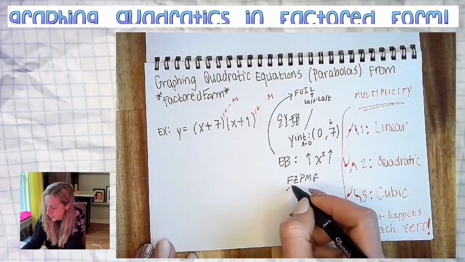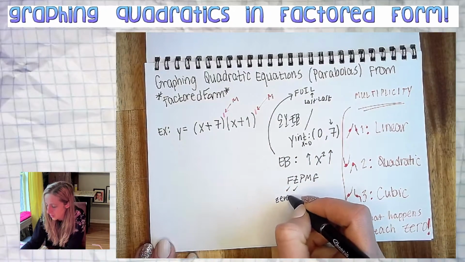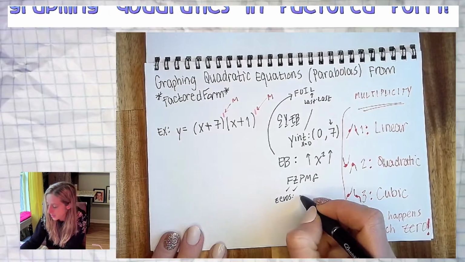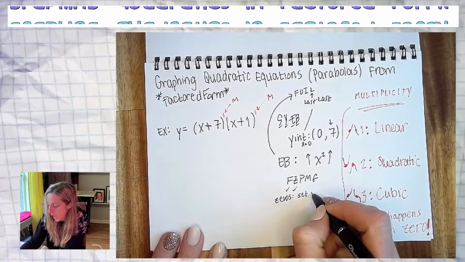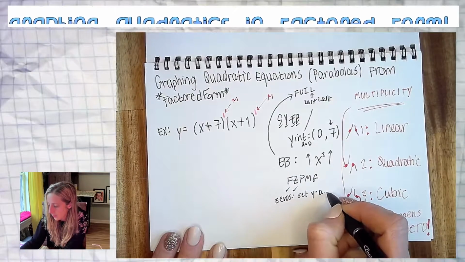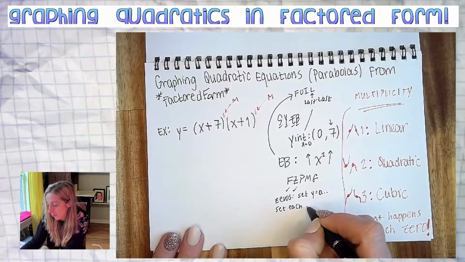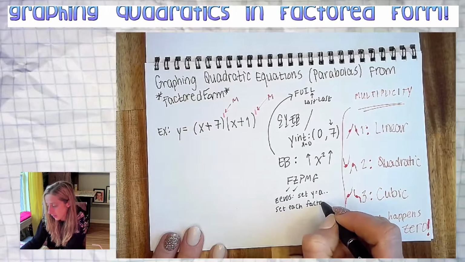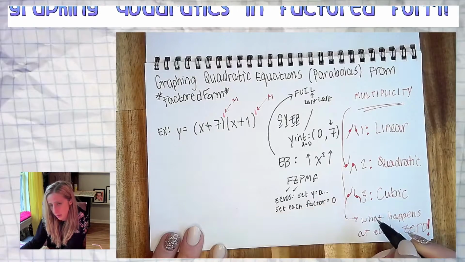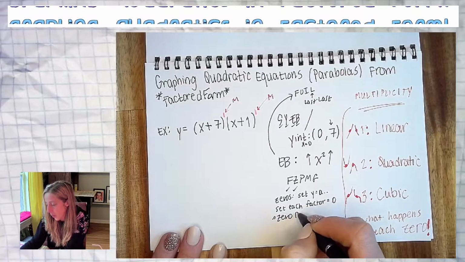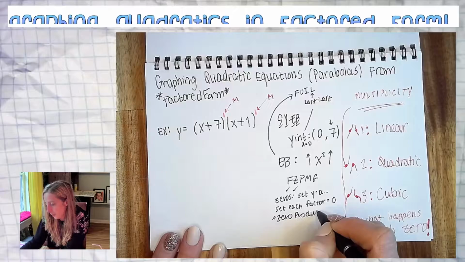Here, what you're doing for the zeros is you're really, ready? Hold on to your butts. You're really setting y equal to 0. And then that means you set each factor equal to 0. And that's using something called the zero product property.